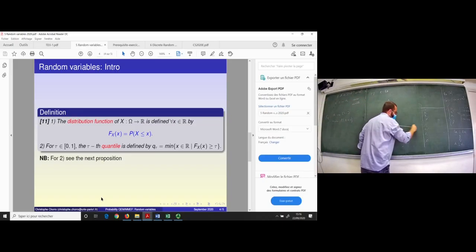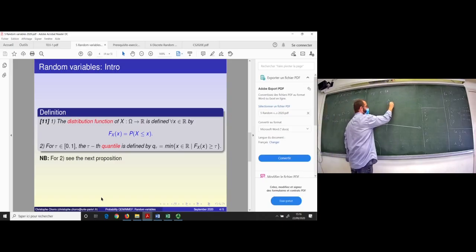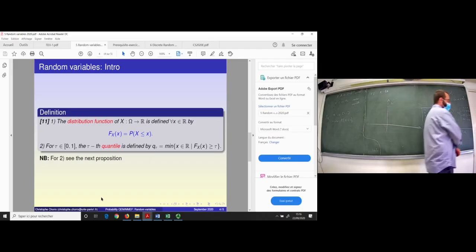So I can do this kind of picture. My set of definition is whole R, and my values are between 0 and 1. I want to do the graph of the distribution function related to my indicator function.